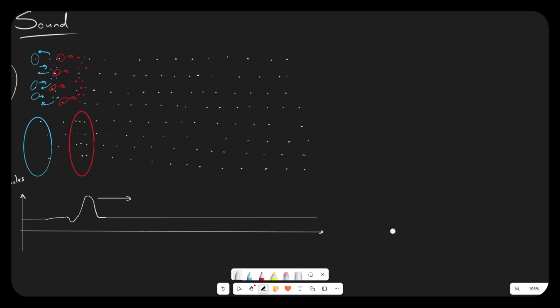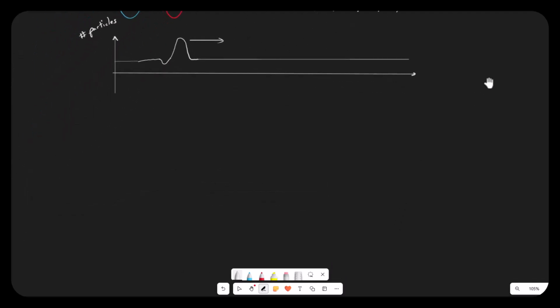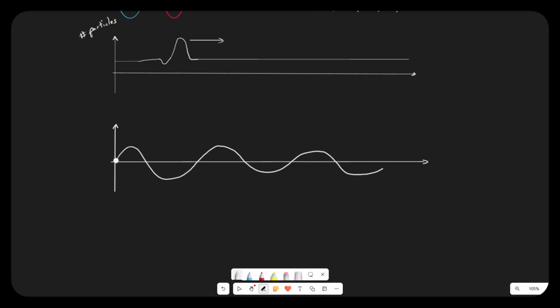Because we have a pulse, we could plot this, and if we keep our sound moving, we're going to eventually set up a pattern like this.